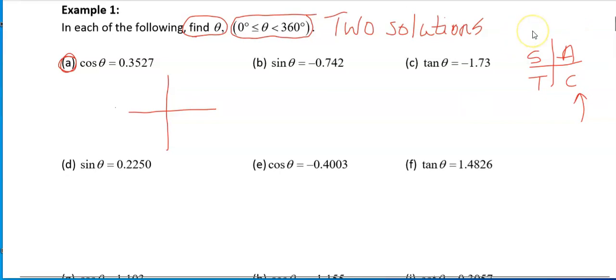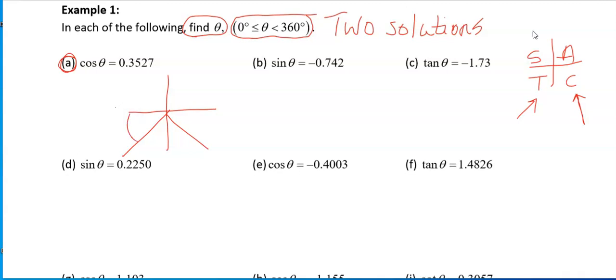Well, in this case, that would be the quadrants where the sign is not positive. So let me see. It's positive in 1 because they're all positive in 1, and it's positive in quadrant 2. So in this case, the sign is negative in quadrant 3 and in quadrant 4. So in my diagram, I make a little angle like that and a little angle like that.